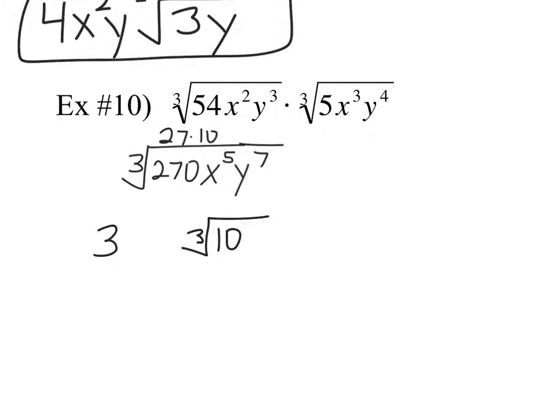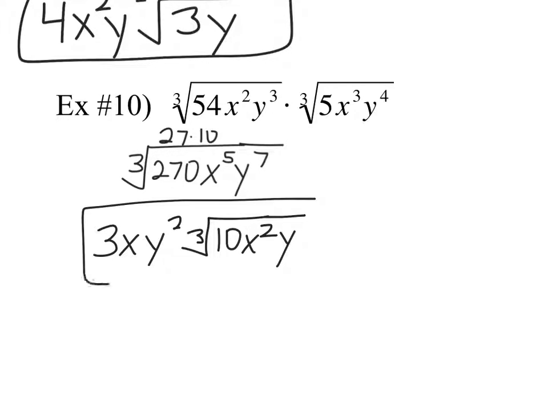All right, now the rest of it. 3 goes into 5 1 time with 2 remainders. And then 3 goes into 7 2 times with 1 remainder. And that would be your answer.